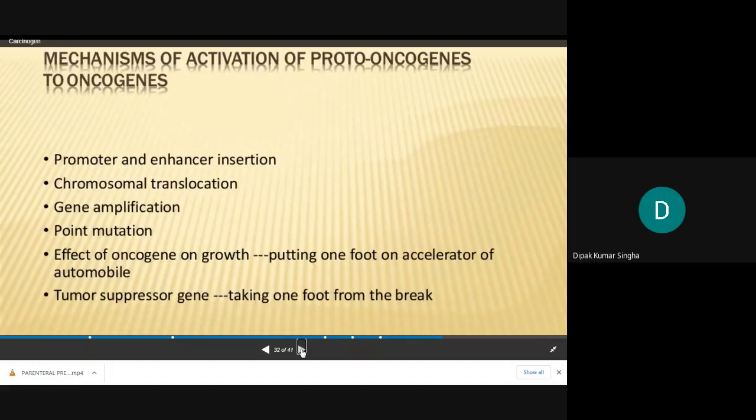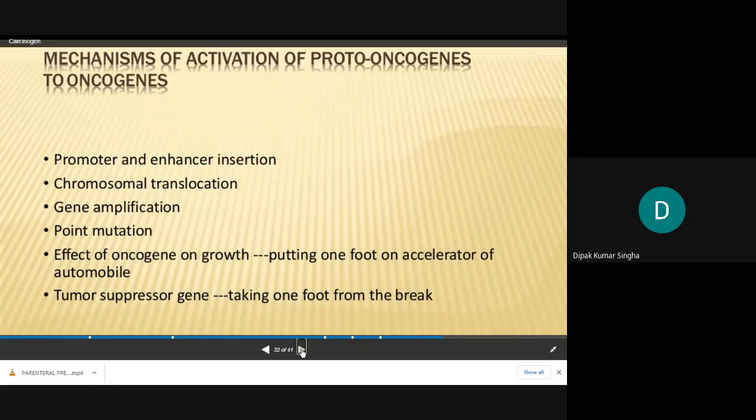This is the mechanism of activation of proto-oncogene to oncogene. How will it be activated? Especially by promoter and enhancer insertion. You know, in protein synthesis the promoter plays the main role, and along with this some enhancer molecules that promote it are inserted into the DNA sequence, which produces activation of the proto-oncogene. Or chromosomal translocation: the normal chromosome, if it is translocated, then the proto-oncogene is activated.